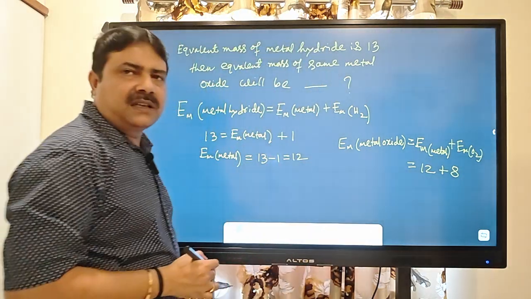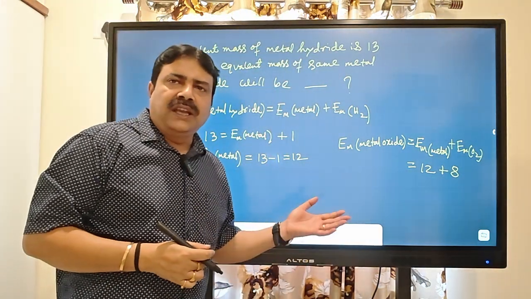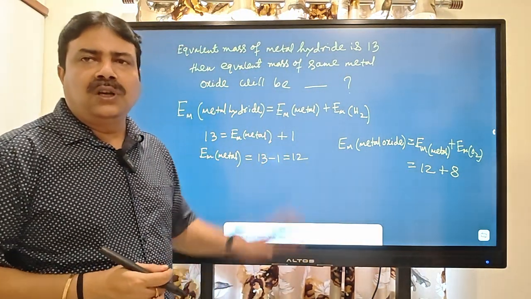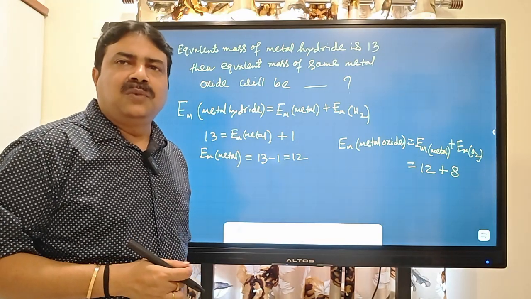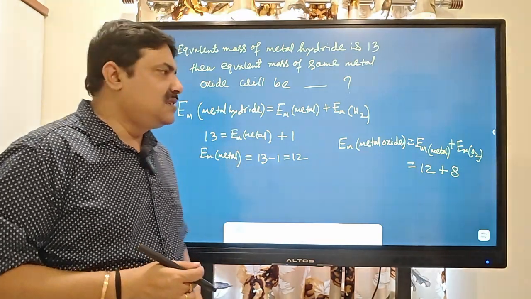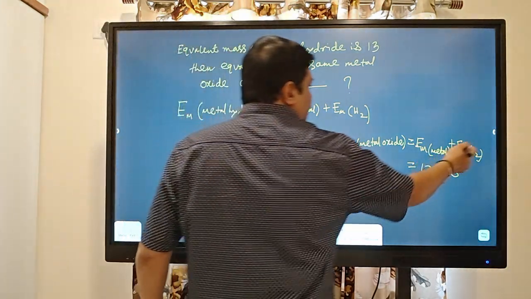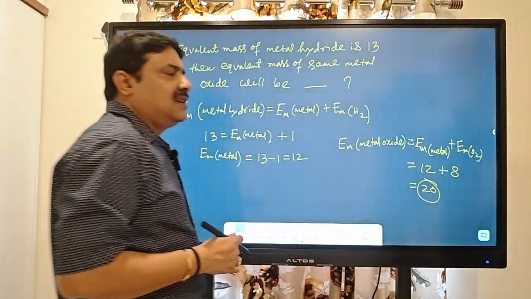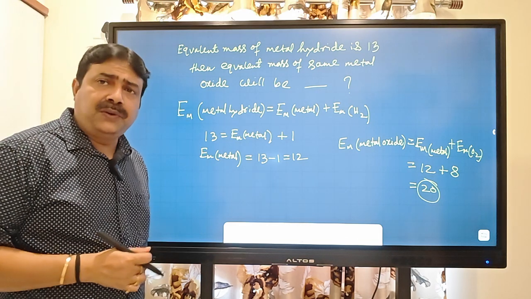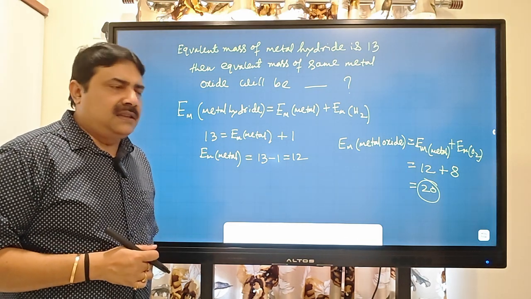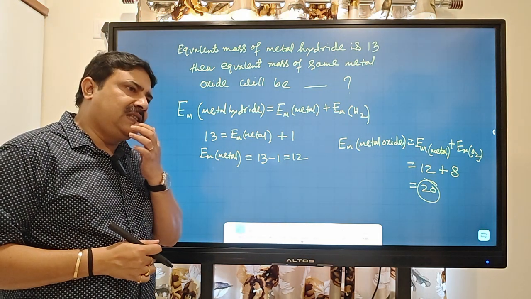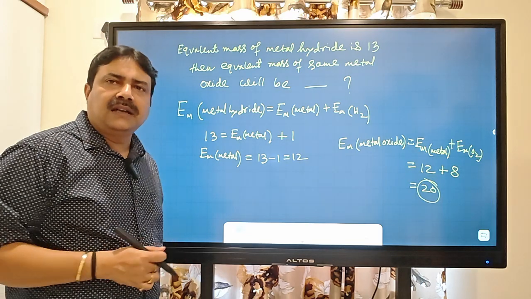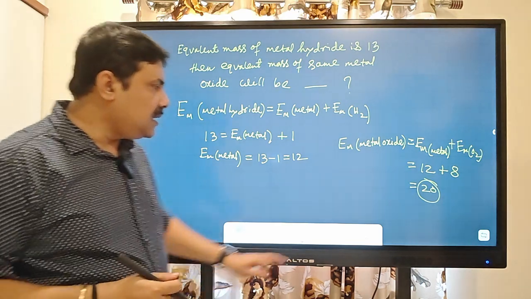Molar mass by N factor: molar mass of O2 is 32, N factor is 4, 32 by 4 is 8. Molar mass by N factor is equivalent mass. So equivalent mass of oxygen is 8. 12 plus 8 is 20, which will be your answer. Is it clear or not? Everybody? Okay. Then we will go with another calculation, and after that N factor discussions.